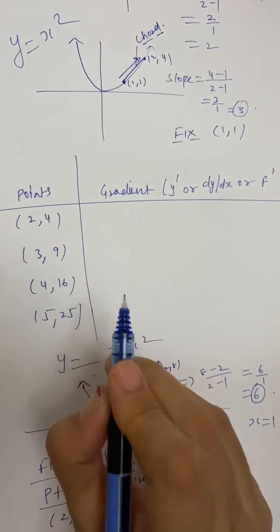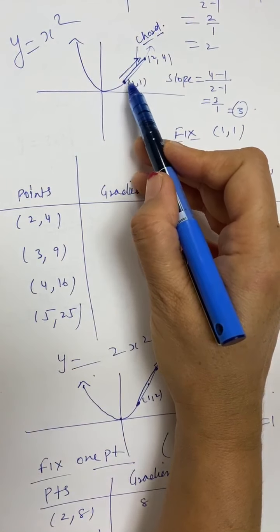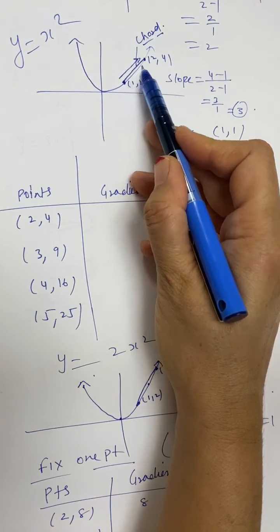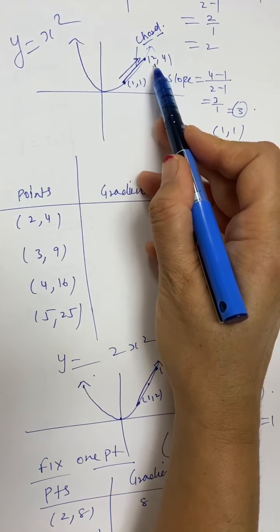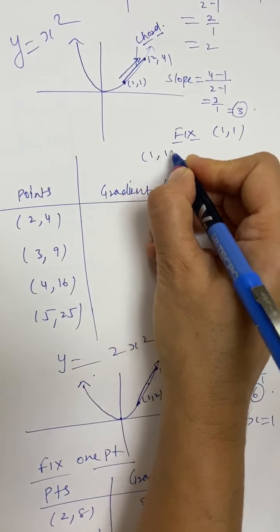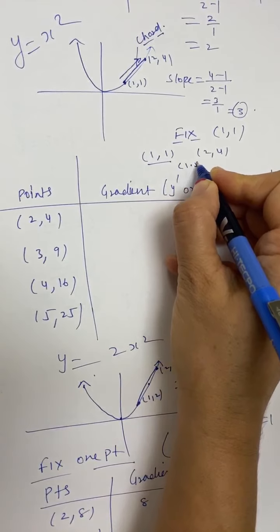This is what I explained in the previous video also using Autograph. And then I asked you to notice that when we move (1, 1) towards (2, 4), I can maybe choose another point. So (1, 1) and (2, 4) we already know. Let's say I have 1.5.